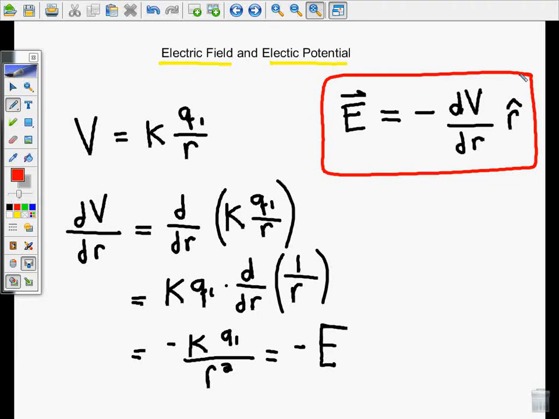Well, I think the direction of that unit vector is from the higher potential. Actually, no, it'd have to be from the lower to the higher. That's a good question. I have to think about that.